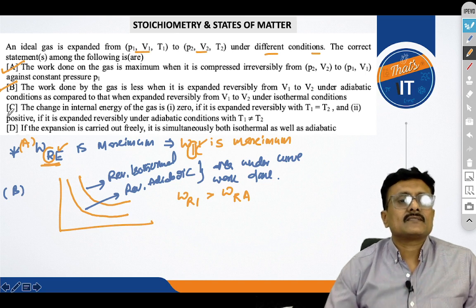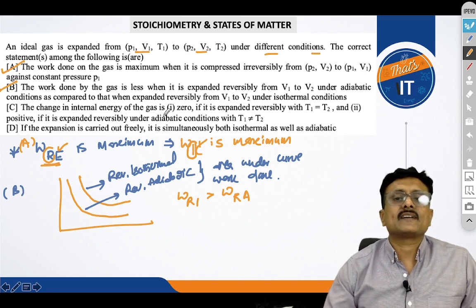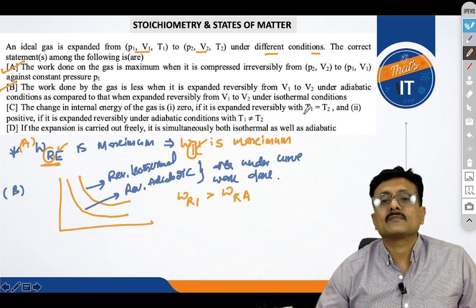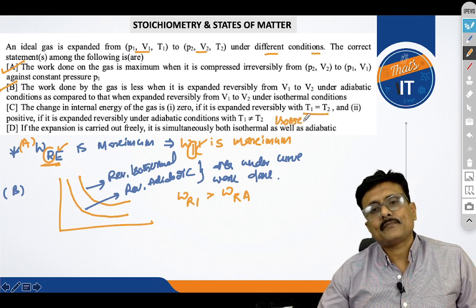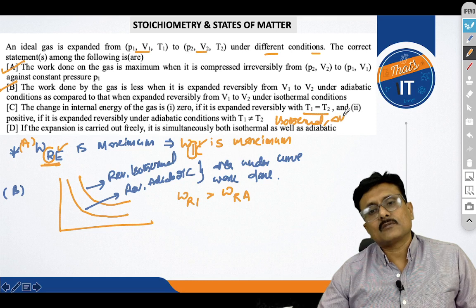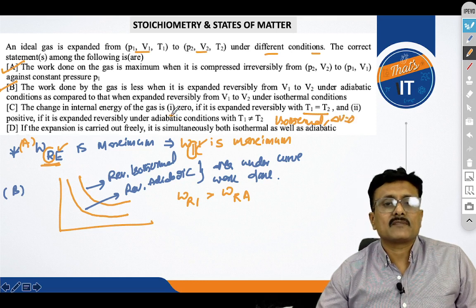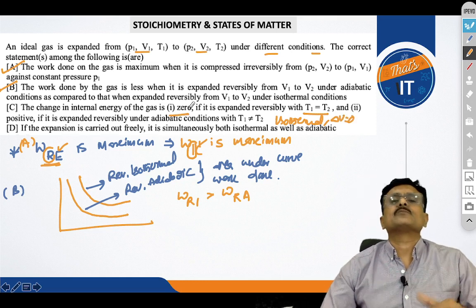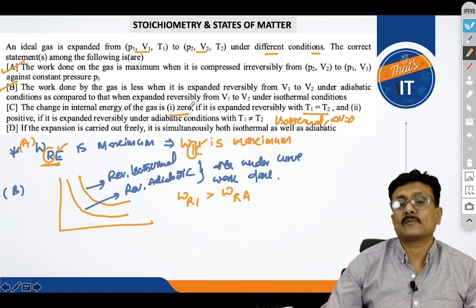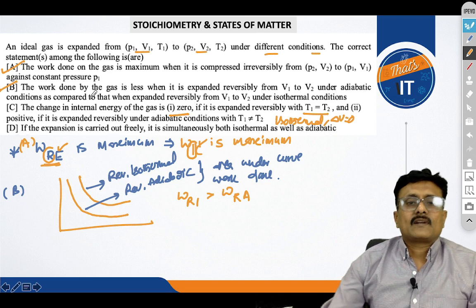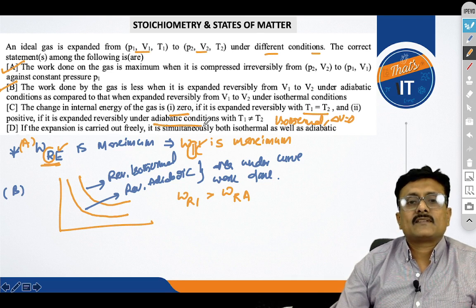Let's see the third case. The change in internal energy of a gas is 0 if it is expanded reversibly, T1 equal to T2, for an isothermal process. Delta U equal to 0 looks okay, but this is where they will confuse you. As soon as you see statement 1, you will assume that statement 2 might also be correct. But here it is given as adiabatic condition.